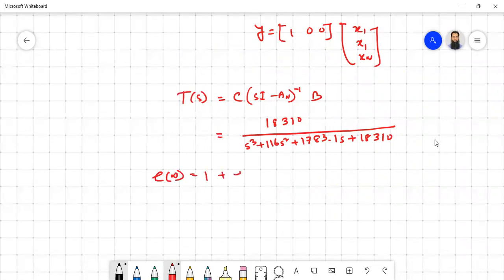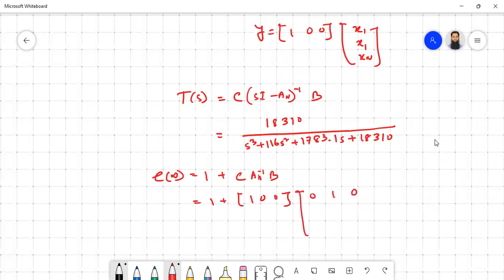So 1 plus C A new inverse B: 1 plus C, that is 1 0 0, times the inverse of the matrix 0 1 0, 0 0 1, minus 18310, minus 1783.1, minus 116, times your B matrix, that is 0 0 1.